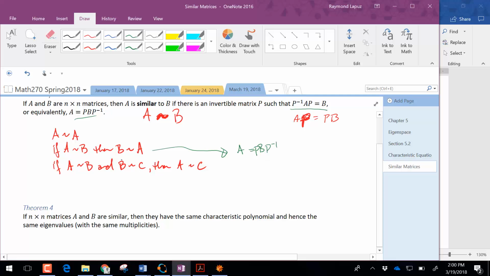And so to say that B is similar to A, we can just multiply both sides by P inverse on the left side, and then multiply it by P on the other side. But this P is actually P inverse inverse. And so your new invertible matrix P is actually P inverse. And then this will show that this is symmetric.